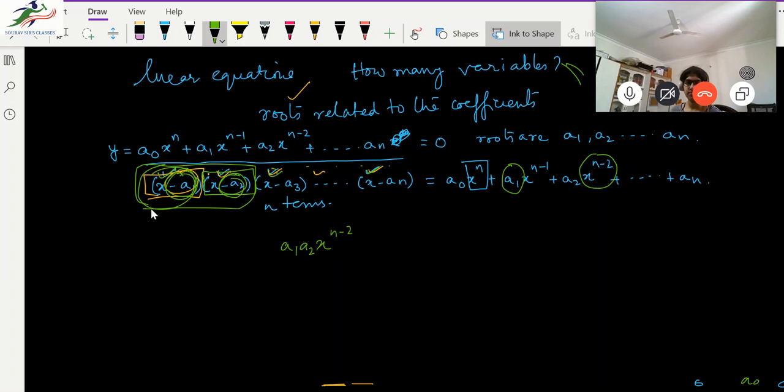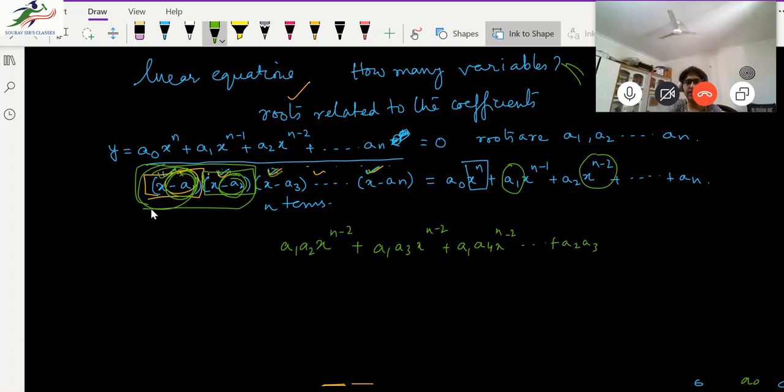Similarly, I can do with 1 and 3, so a1, a3, x to the power n minus 2, a1, a4, x to the power n minus 2, like this.